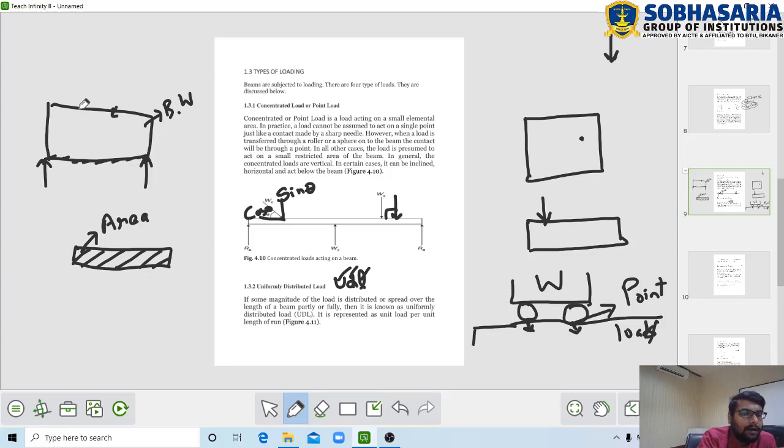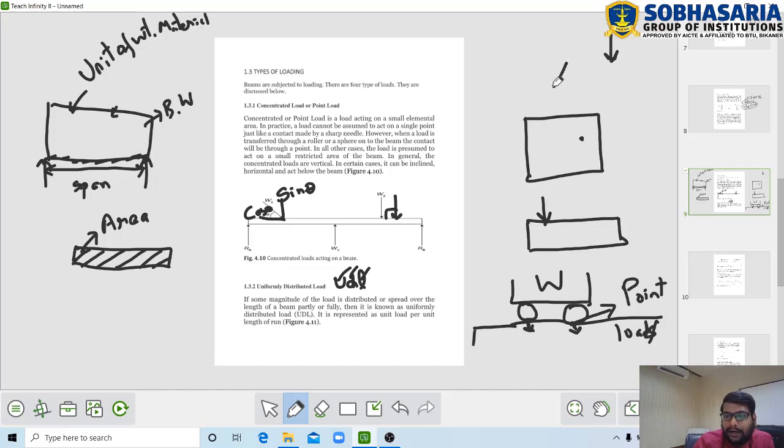If you know the density of the material of which the wall is made, that is, the unit weight of the material, and if you know the length or the span, then you can easily know the intensity of the load in per meter.